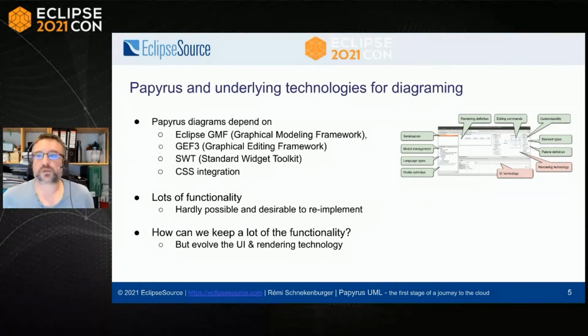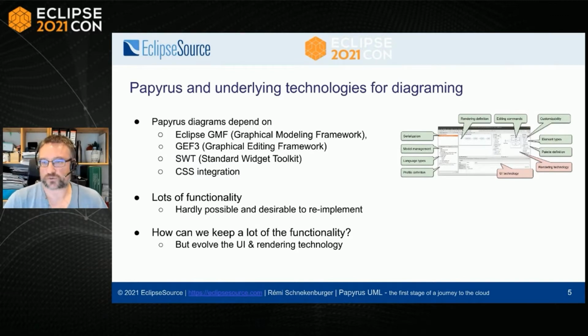But while keeping all these functionalities, we would like to have a better UI and rendering technology, so we could benefit from the modern UIs and modern technologies for the diagramming frameworks.